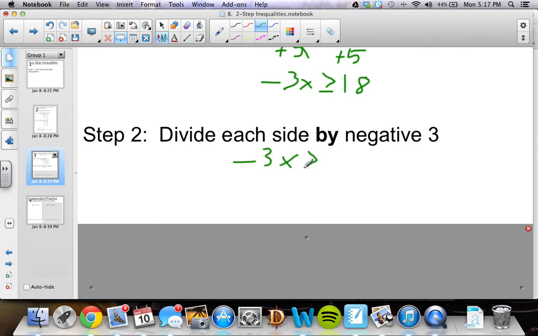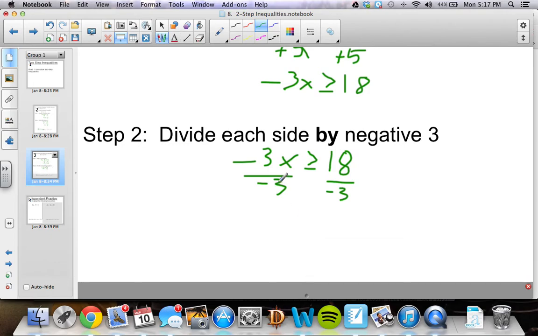We want to get rid of this -3, so we're going to divide by -3. And when we divide by a negative number, that sign is going to switch. So now we're going to have x is less than or equal to -6.